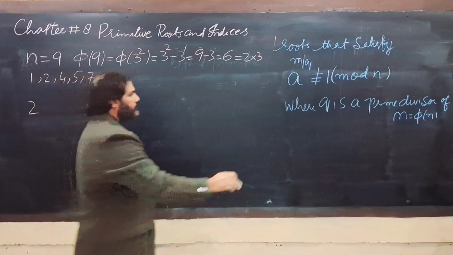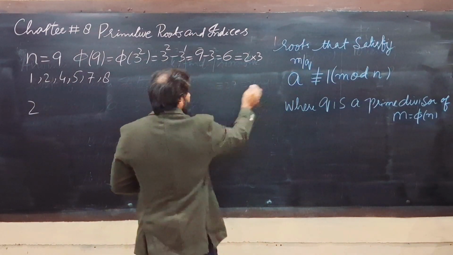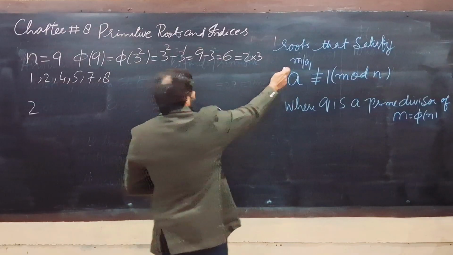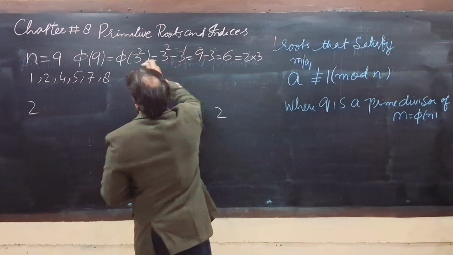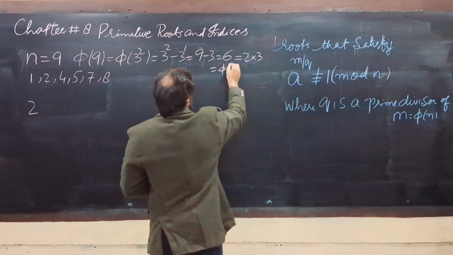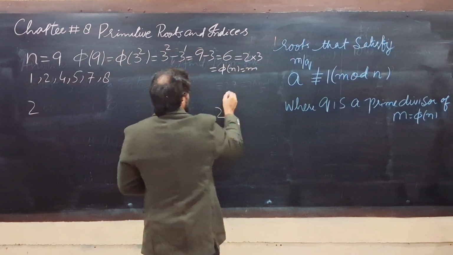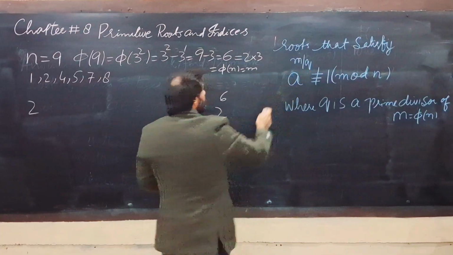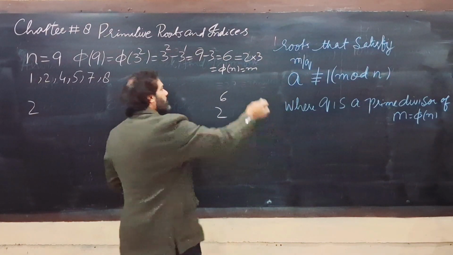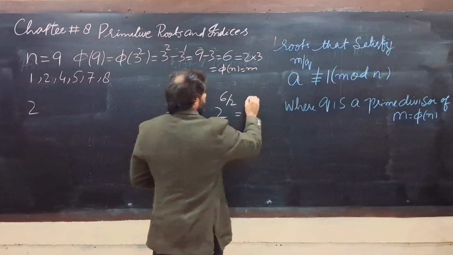What is m? M is phi of 9, which is phi of n, and my m is 6. Q is a prime divisor of 6. The first prime divisor is 2, so the power becomes 2 raised to power 3.